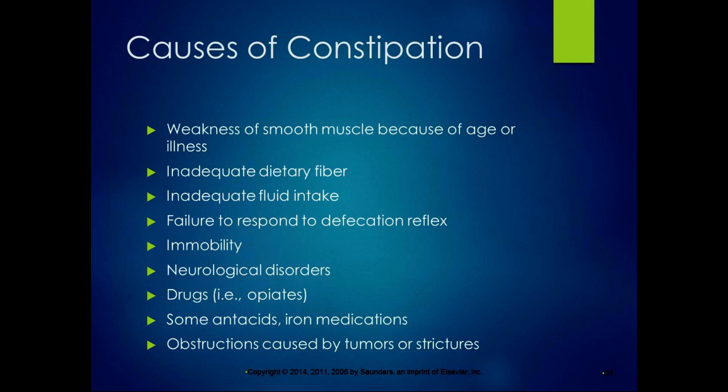There's another one of the bad effects of immobility. It slows down your digestive system and can cause constipation. Neurological disorders can cause it because the bowel and bladder emptying systems in our body are largely controlled neurologically. Drugs, like opiate drugs, can cause chronic constipation. Some antacids and iron medications, and then obstructions caused by tumors or strictures.